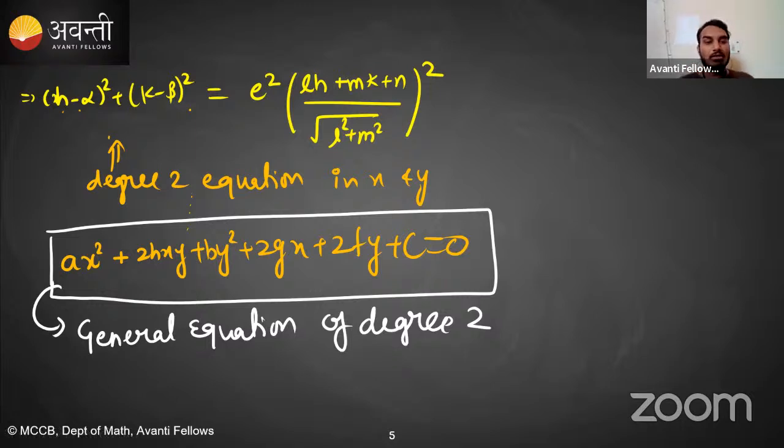This same equation will represent sometimes straight lines, sometimes a circle, ellipse, parabola or hyperbola, depending upon the values of the coefficients a, h, b, g, f, c.